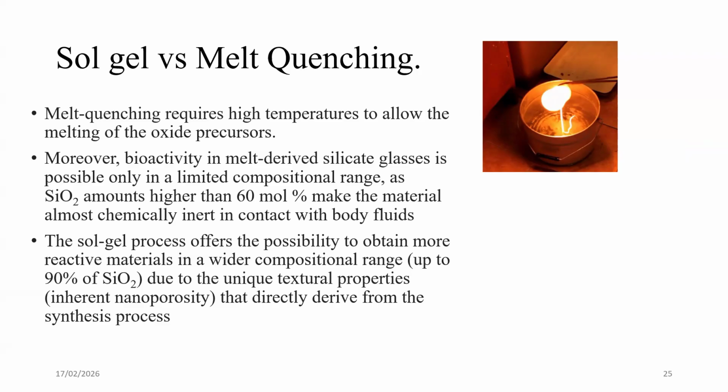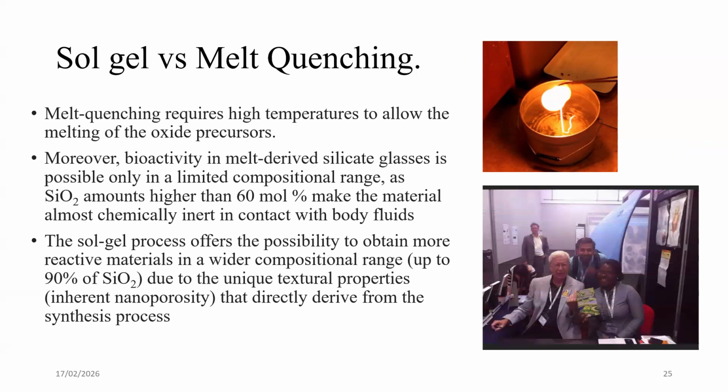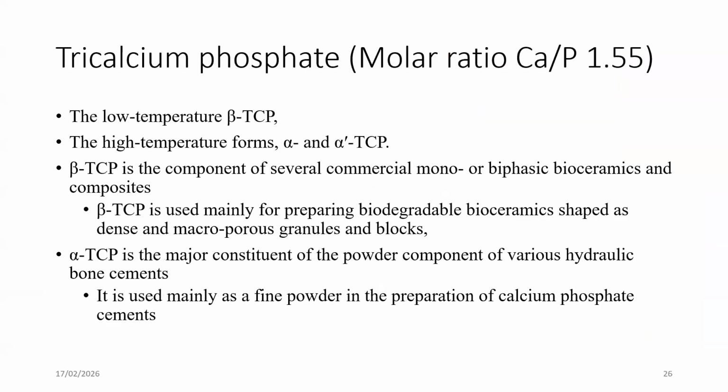It's very easy to make in the lab. And one of my PhD students is working on making a bioglass. And this is me at the conference in Liverpool, and I met him, and he was signing a book. He was writing a book, and Larry Hench. That was a long, long time ago.